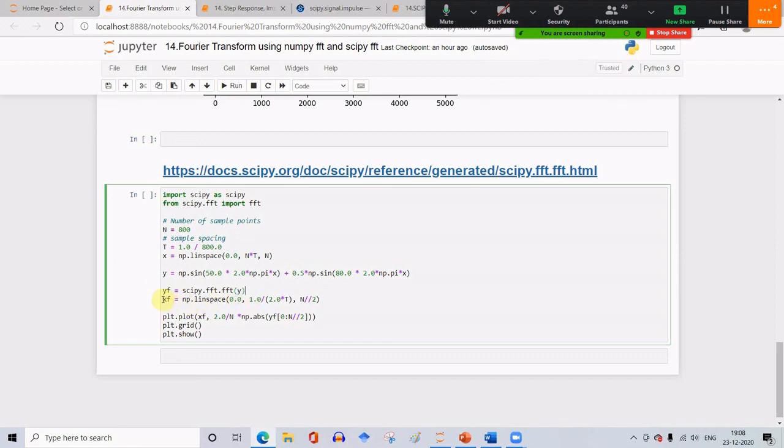To plot the FFT, I am generating one more axis, the frequency axis, given by xf as the linear space between 0 and the integer part of n by 2. So this gives me whatever n I have chosen divided by 2, and one considers only the integer part by truncating the float. Okay. With the frequency step given by 1 divided by 2 times capital T, where capital T is 1 over the number of sample points that I am taking.